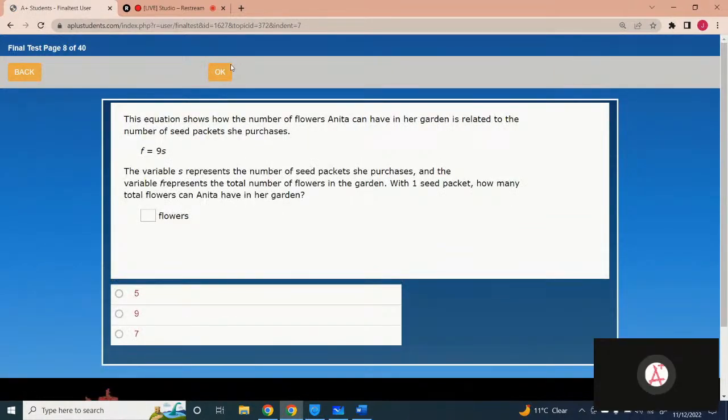Okay, the equation shows how the number of flowers Anita can have in her garden is related to the number of seed packets she purchases. F equals 9s. The variable s represents the number of seed packets she purchases, and the variable f represents the total number of flowers in the garden. With one seed packet, how many total flowers can Anita have in her garden?